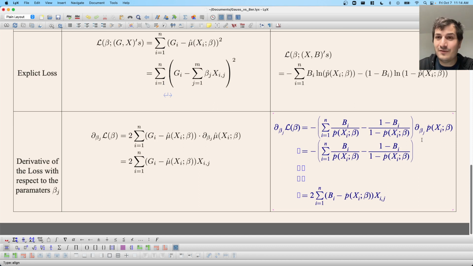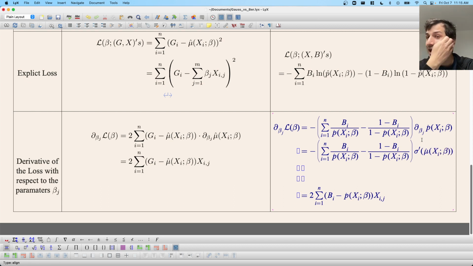So when you do the derivative, you got to do one more chain rule. So you get sigma prime of hat mu of x_i; beta. And then chain rule, last chain rule of the day. Then we got to do the derivative of hat mu of x_i; beta.